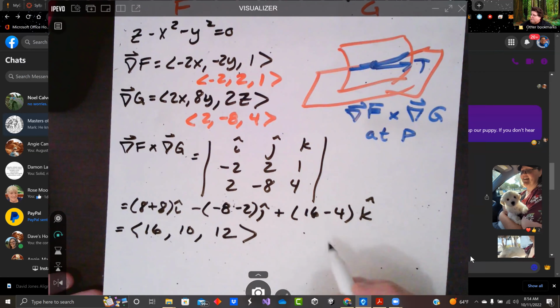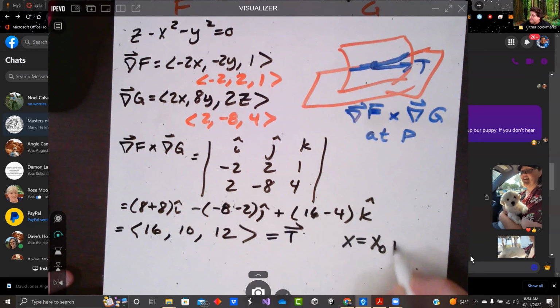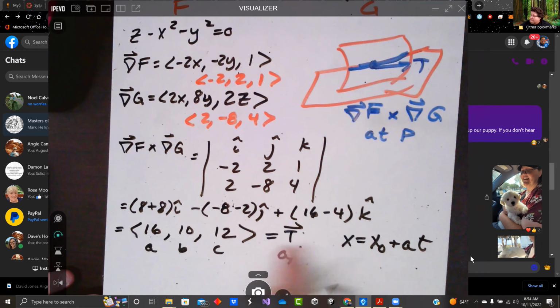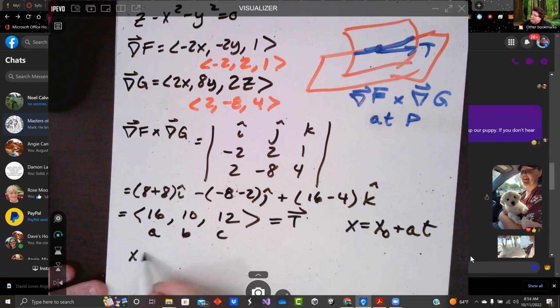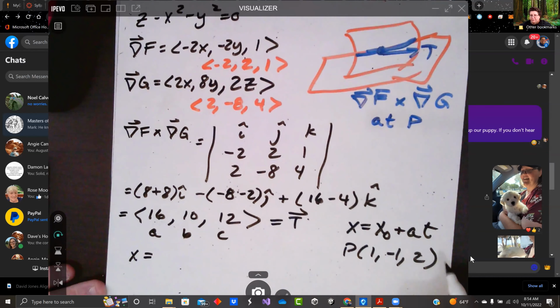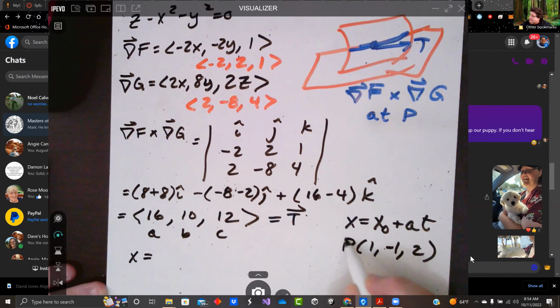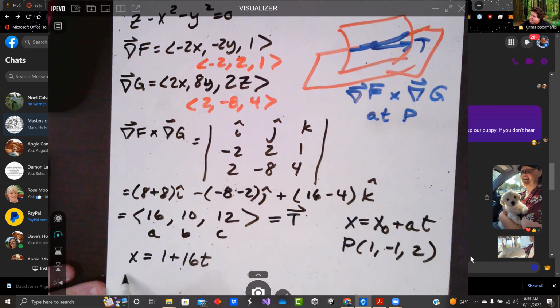So now to do the parametric equations, that's the tangent line there. So remember we have x equals x naught plus at, where t is a, b, c. And my initial point was 1, negative 1, and 2. I'm bringing that down from above. So I've got 1 plus 16t. Y equals negative 1 plus 10t.